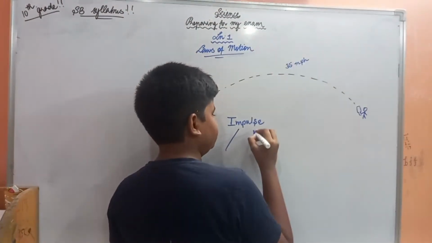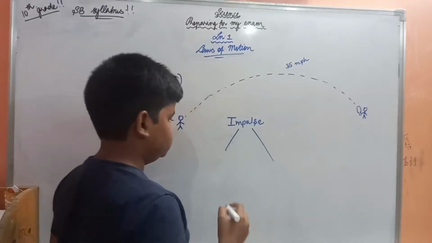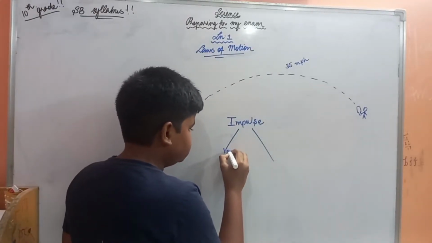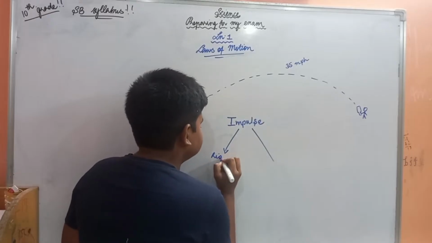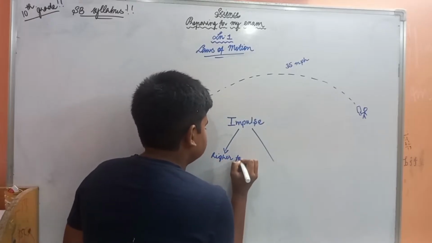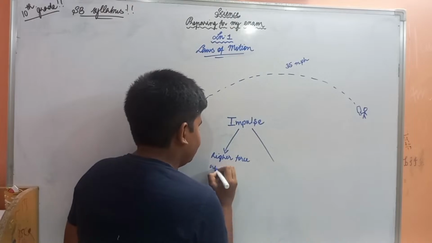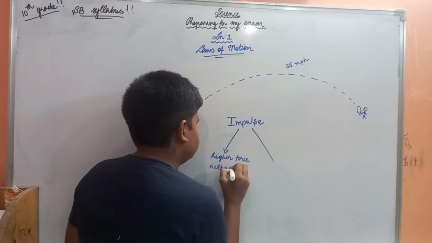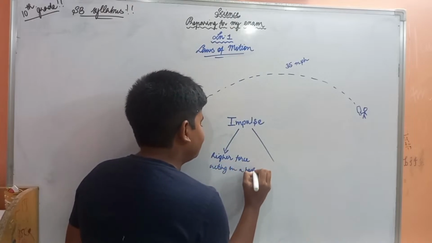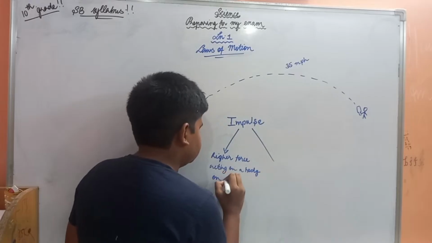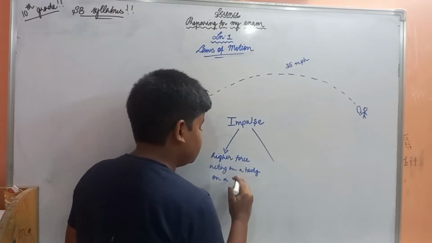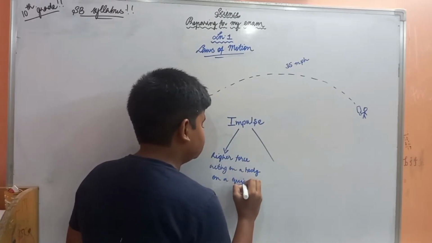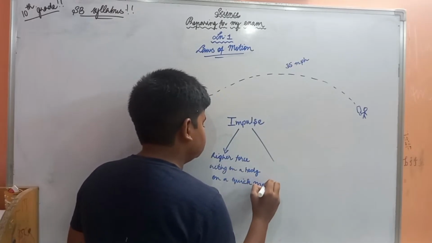There are two types of impulse. The first: higher force acting on a body for a quick amount of time.